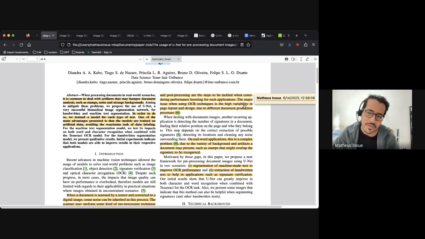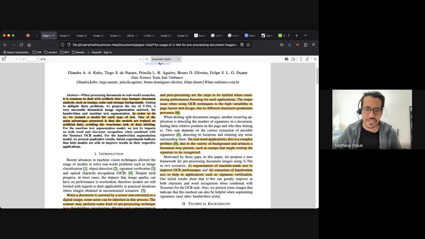And also they talk here about how the major issue using OCR techniques is the high variability in page layout and design. So if you're asking, for instance, for a document from a client, he may send, I don't know, their contract, their license, their passport, some varied documents, and we need to extract the data from that, but it's not all the same, right?